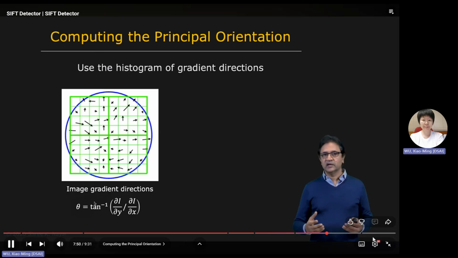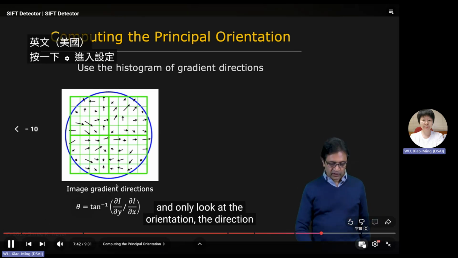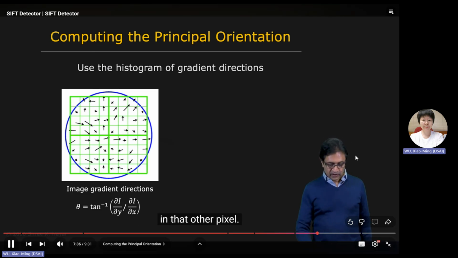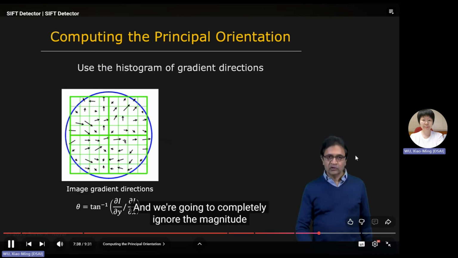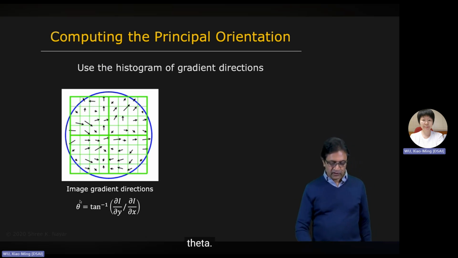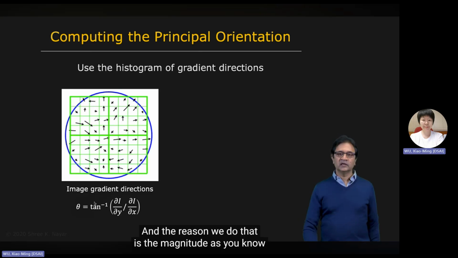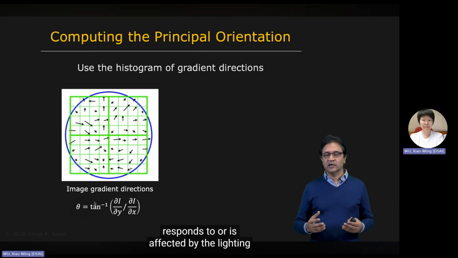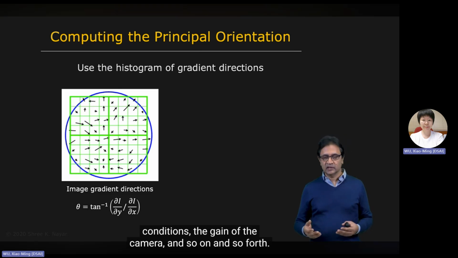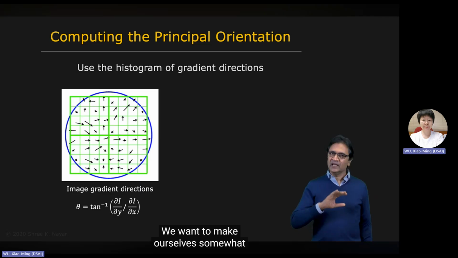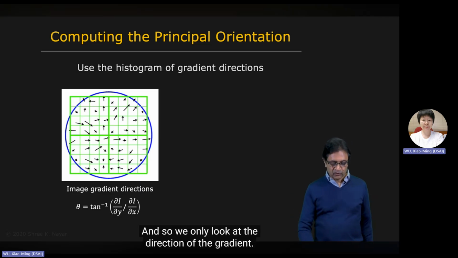The reason we do that is that the magnitude, as you know, responds to or is affected by the lighting conditions, the gain of the camera, and so on and so forth. We want to make ourselves somewhat insensitive to those effects, and so we only look at the direction of the gradient.